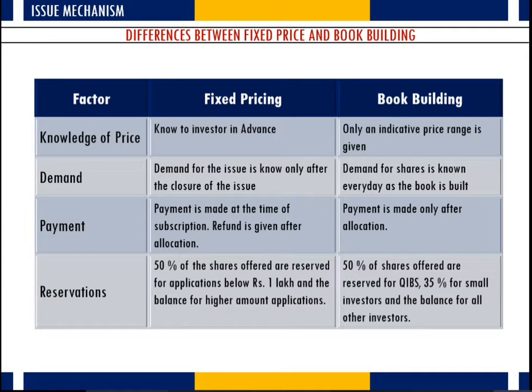So they had a total of only 79% subscription, somewhere around 79-80. So they had to face this challenge of fulfilling the minimum requirement of 90%.